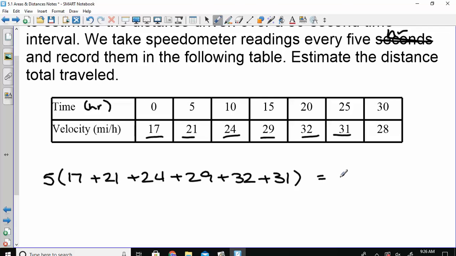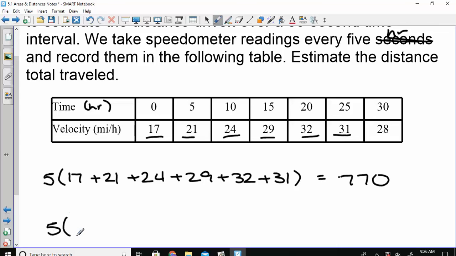And if I do that, what do we get? It's 50? Is that what you guys got? I got something different, so one of us plugged it in wrong. 770 is what I got.